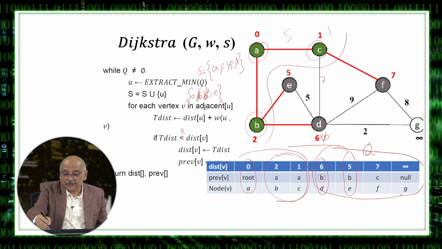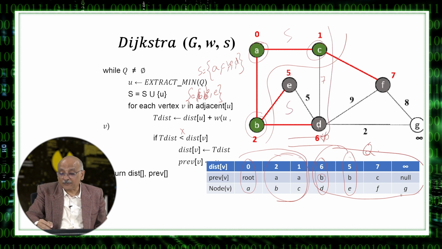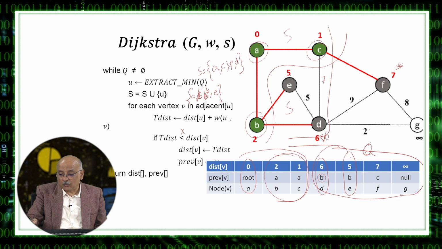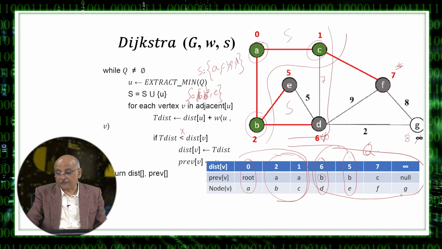So this whole thing now has become S. But as we add D, the weight of D is 6. So 6 plus 9 is 15, so no changes needed here. 6 plus 2 becomes 8, for G. For G, earlier null was the predecessor.